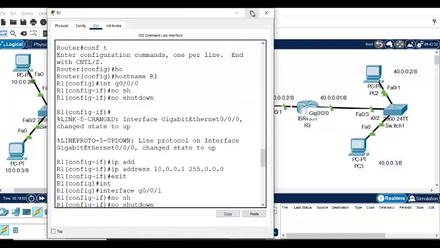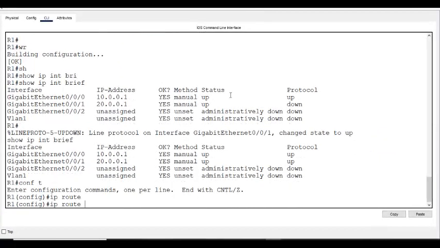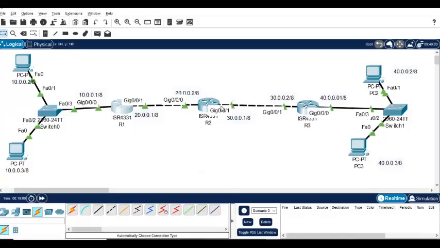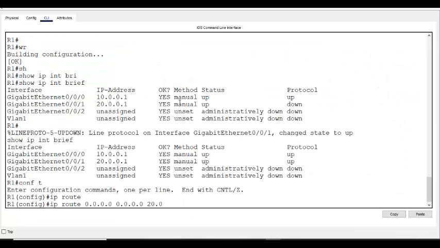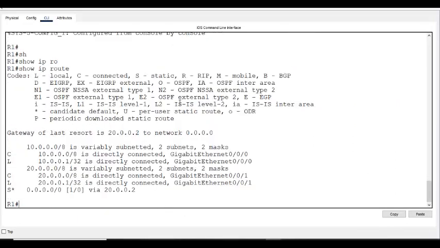Now on router 2, carefully listen and answer. On router 2, I cannot write a default route. Why? Because one unknown network is in this direction, another unknown network is in this direction. Tell me which networks are unknown to router 2.